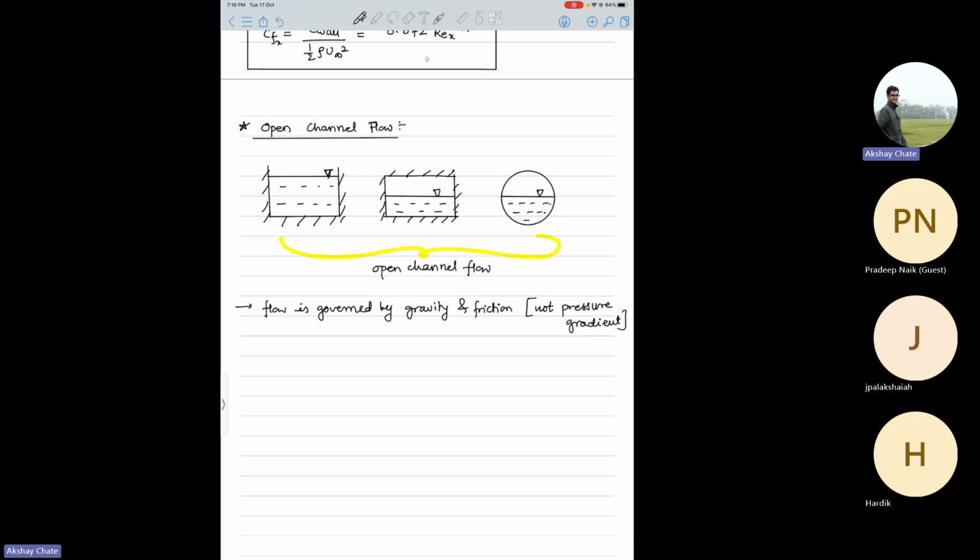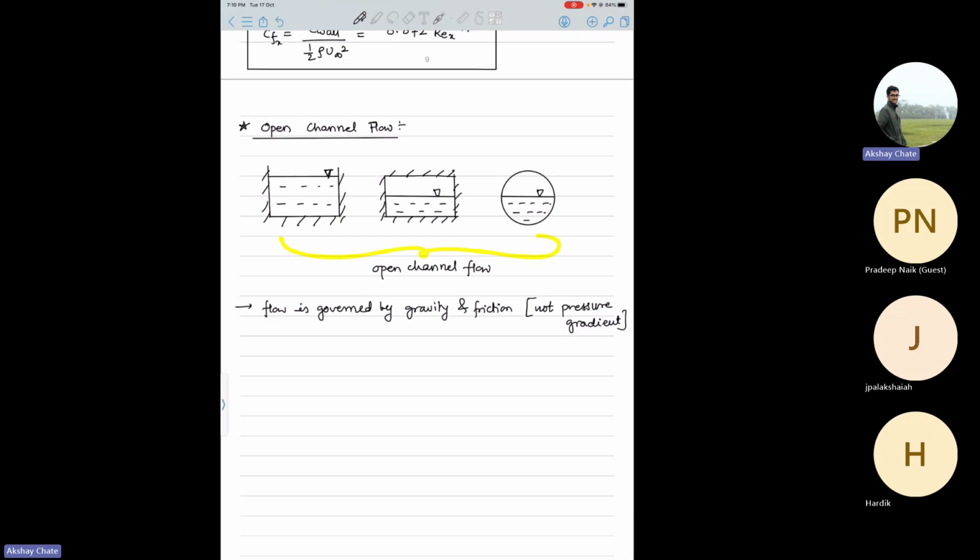And one more important thing to remember is, since we don't consider pressure gradient as an important parameter, we approximate the mechanical energy conservation equation, the Bernoulli equation plus frictional losses, which is your general mechanical energy conservation equation. That is also valid here.